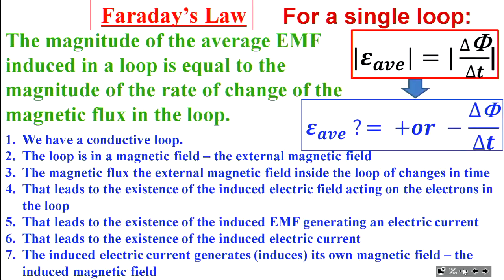If the flux doesn't change, no EMF is induced, no electric current, nothing. But if the flux changes, no matter if it increases or decreases, it induces EMF with this magnitude. Rate of change, we could call it speed of change. So the induced EMF is just equal to the speed of the change of the flux.